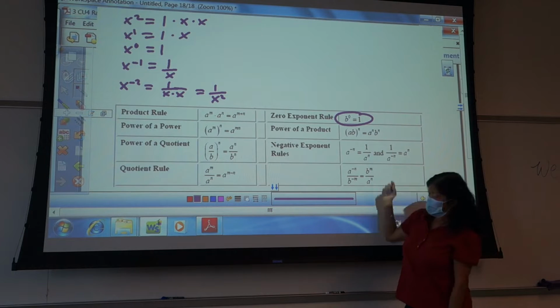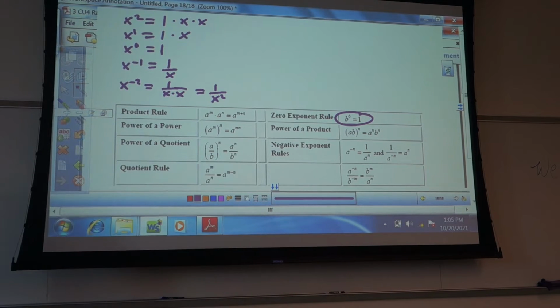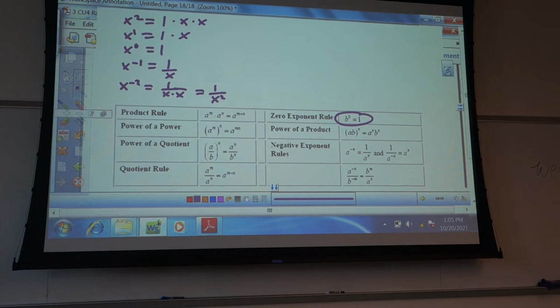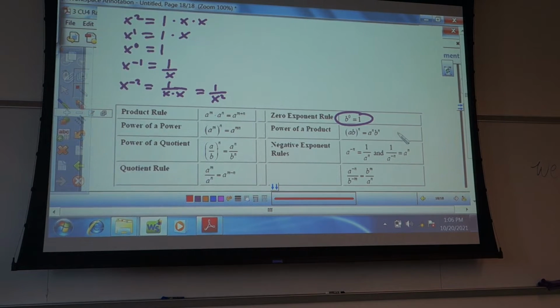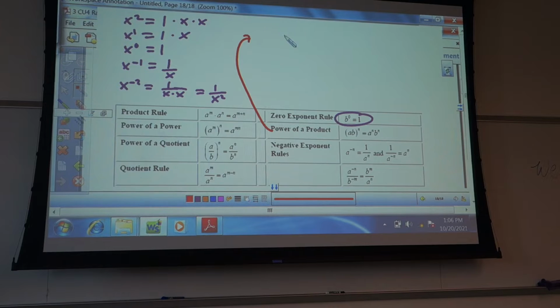Power of a product. Aha. So this one I feel like folks sort of accept pretty well. Power of a product. That's this one here. If I have ab to the 3rd power, it's the same thing as ab 3 times, right? ab times ab times ab.